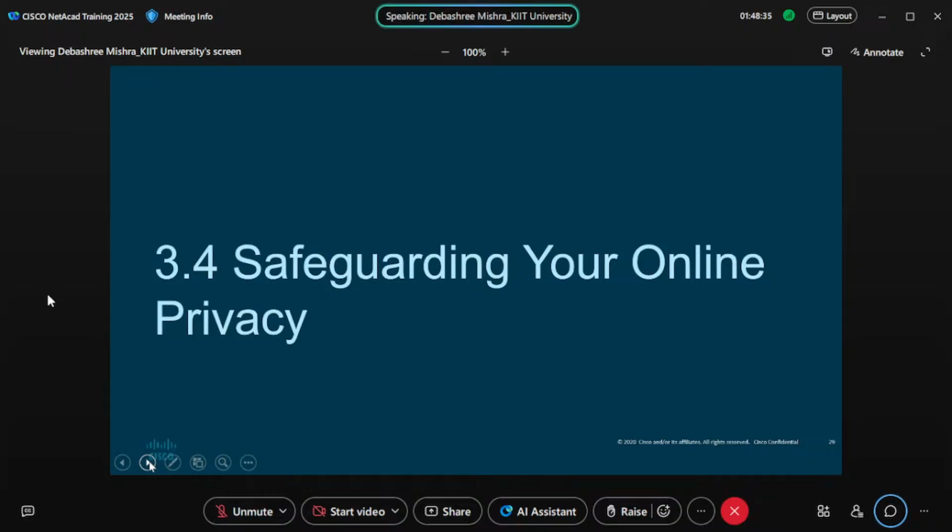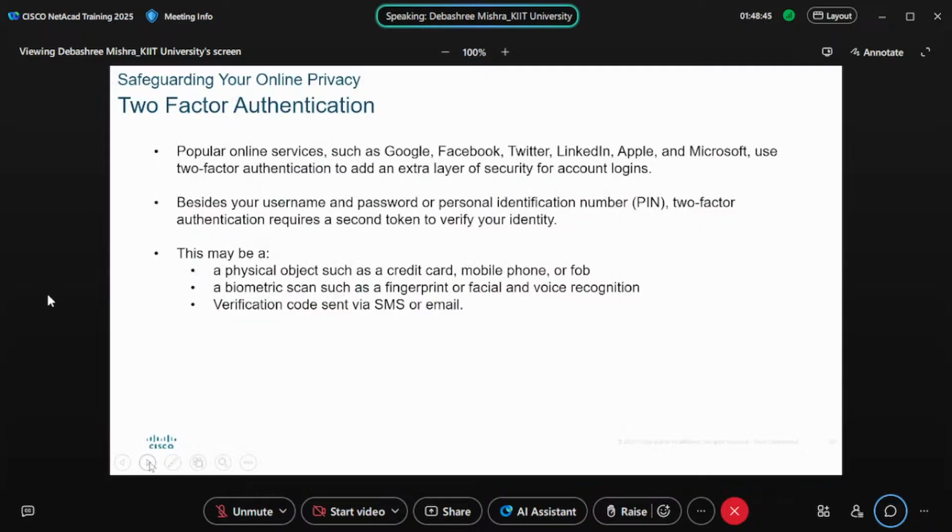The next is safeguarding your online privacy. Nowadays cyber attacks are common threats that are happening day by day. So there is two-factor authentication that we use.